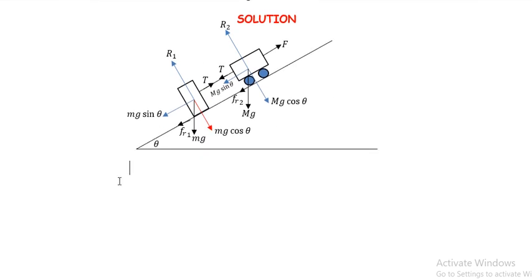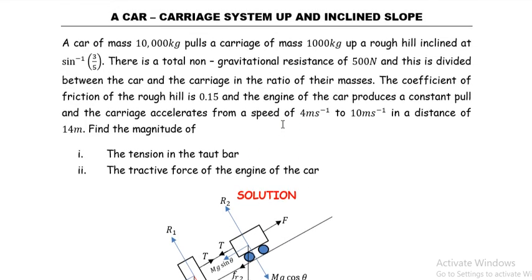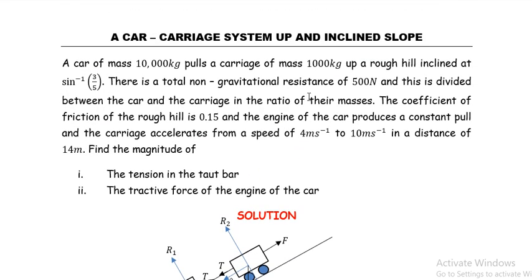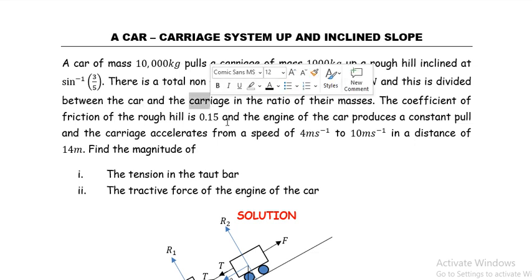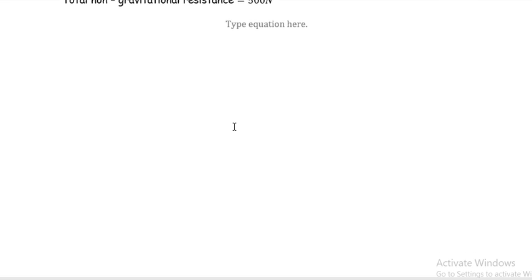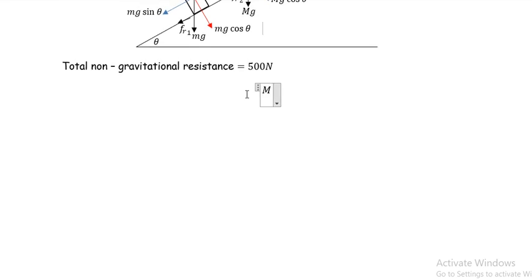So the total non-gravitational resistance is equal to 500 newtons, but it is divided in the ratio of the masses. According to the question, it is divided between the car and the carriage in the ratio of their masses. So we have the car first: the mass of the car is to the mass of the carriage.